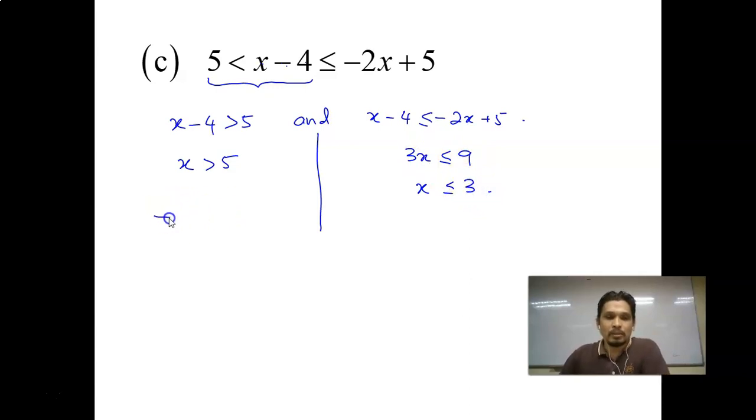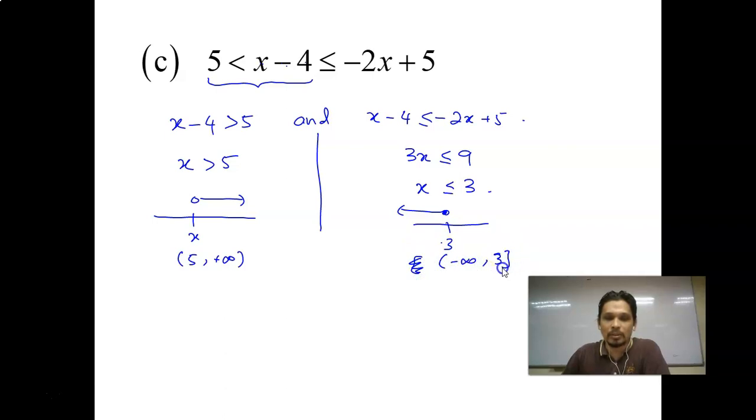So the first solution is x greater than 5, or 5 to positive infinity. And this one is x less than or equal to 3, or in interval form, negative infinity until 3.